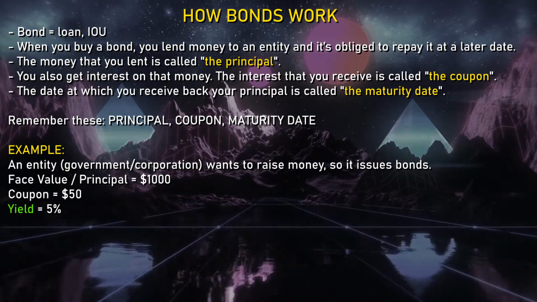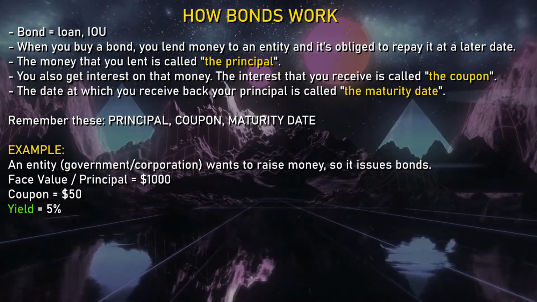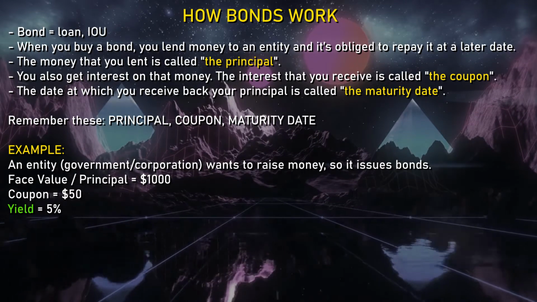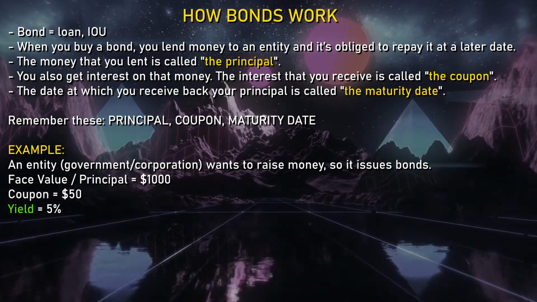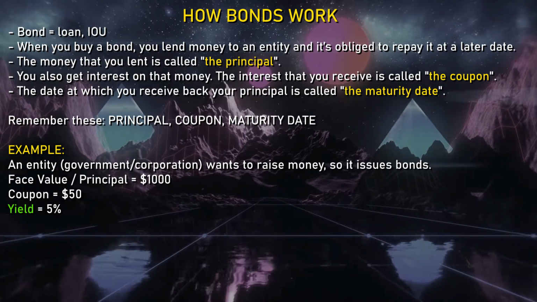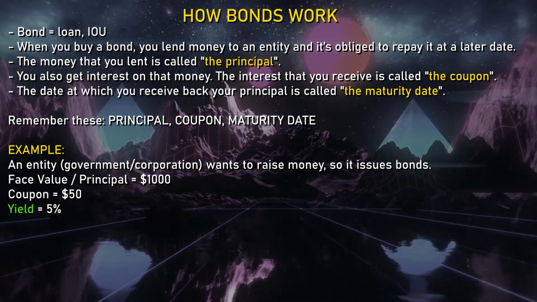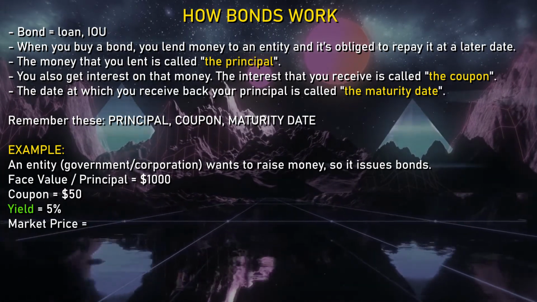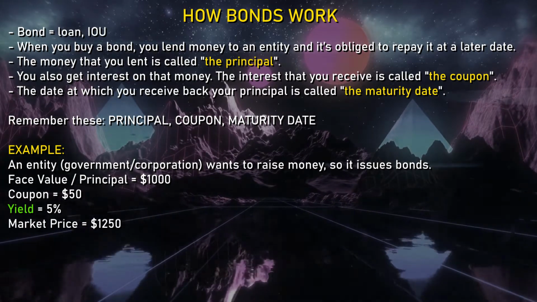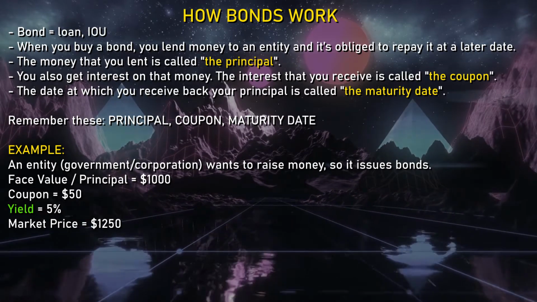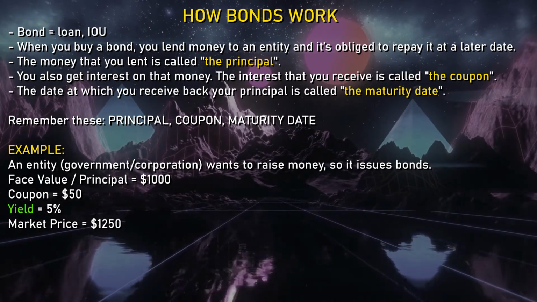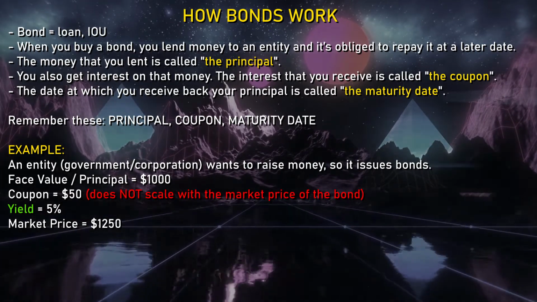What matters is that the person who is selling the bond to you will probably not sell it at its face value. He will sell it at a price that is determined by supply and demand. Even though the face value of the bond that you're buying is $1,000, its market price might be $1,250. Once you buy this bond, you're entitled to the coupon. But keep in mind that the coupon does not scale with the price of the bond.